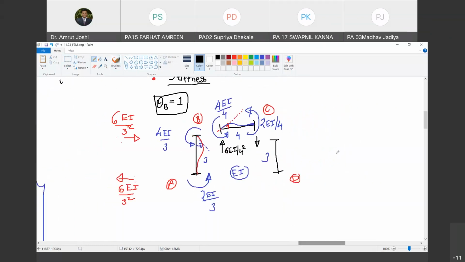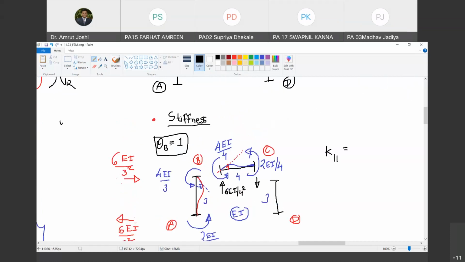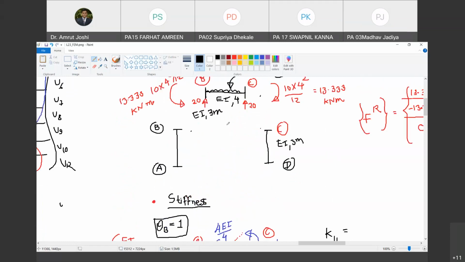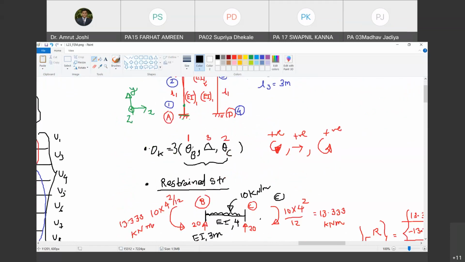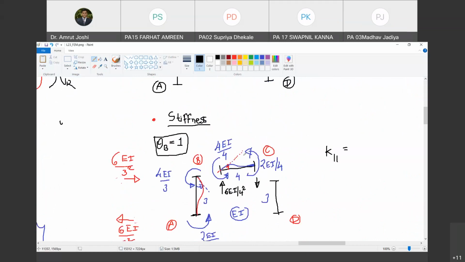Yes, sir. अब इससे हम कौन से कोएफिशिएंट्स लिखने वाले हैं? तो इससे हम स्टिफनेस मैट्रिक्स की फर्स्ट रो लिखने वाले हैं. So let us write K11. What is K11? Action that is required to be produced at 1 to have unit displacement at 1. Now carefully look at what is 1. 1 is theta b. Do you agree with me? Yes. 1 is theta b. So action कौन सी होनी चाहिए?